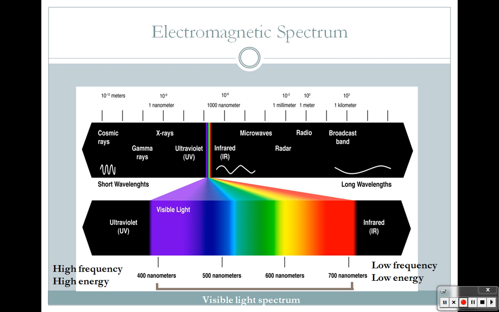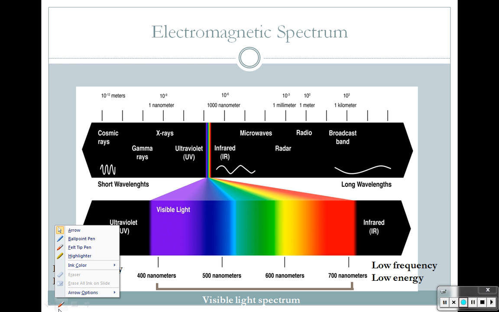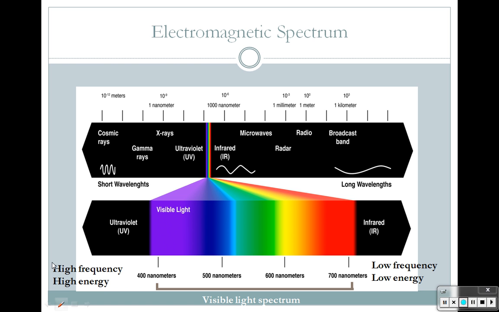So this is a review of the electromagnetic spectrum. Hopefully you've seen this before, but there's a couple things I want to point out. On the high frequency, high energy side, this is high frequency, high energy. That's also the shorter wavelengths. These numbers up here are wavelengths.